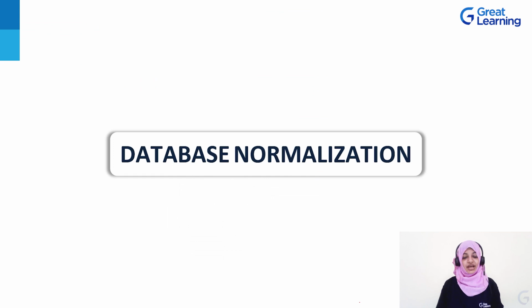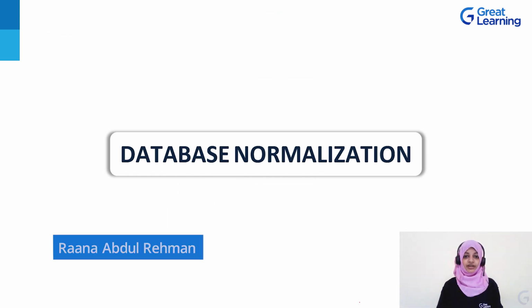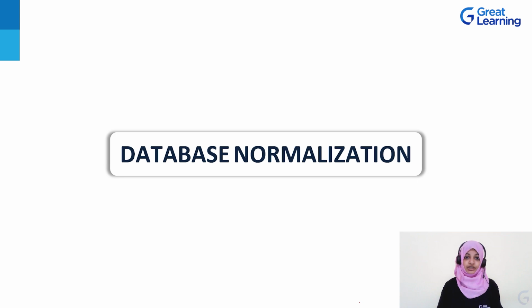Hello everyone. Welcome to a new course on database normalization. Now, database normalization is a term that is often heard in relation to relational databases or relational database management systems. In this particular course, we are going to be learning the hows, whys, and whats of normalization.